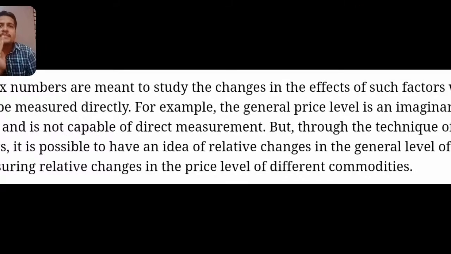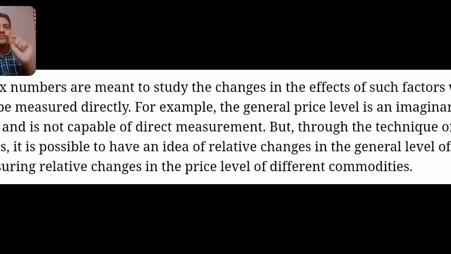After that, the second feature of index numbers is that they are meant to study the change in effect of such factors which cannot be measured directly. Some factors which are not measured directly are measured with the help of index numbers.